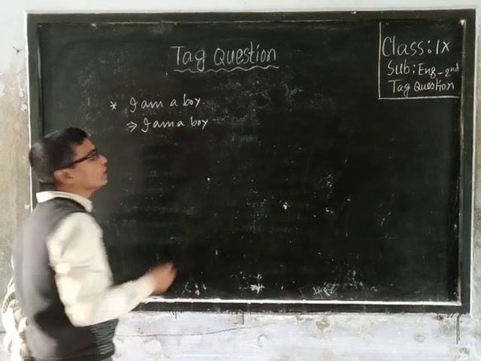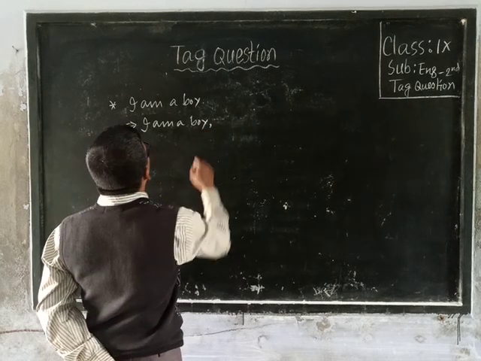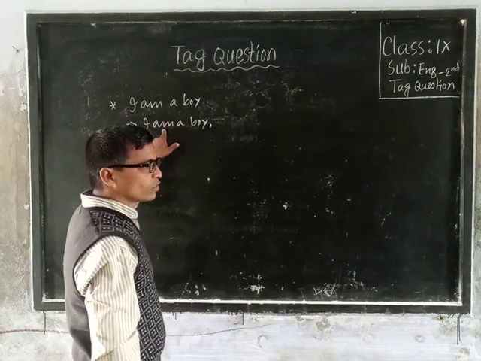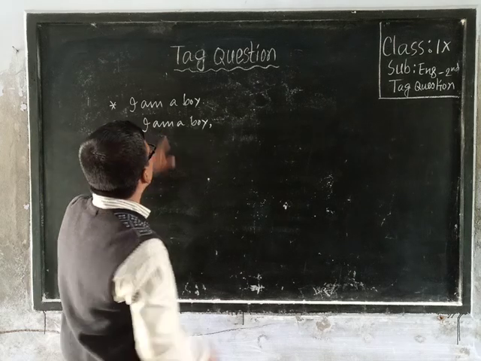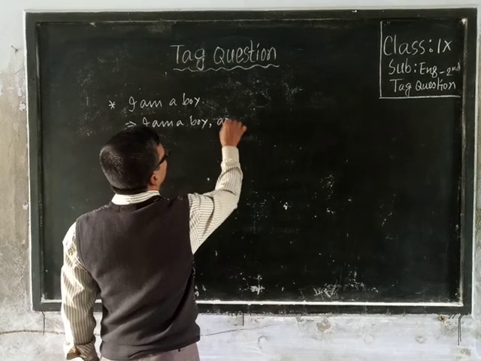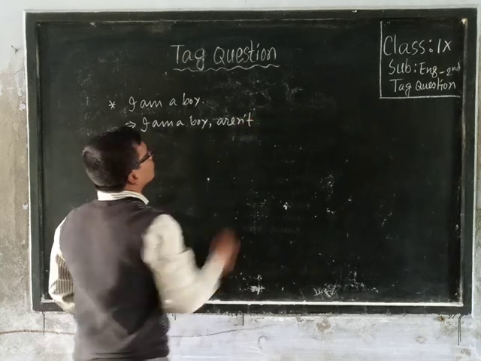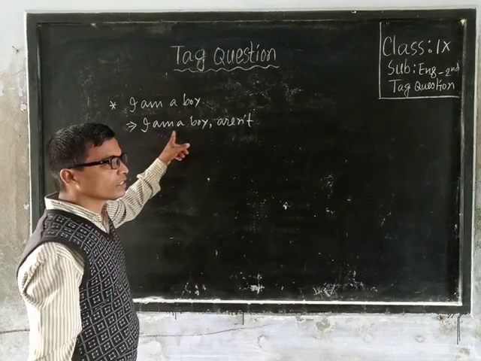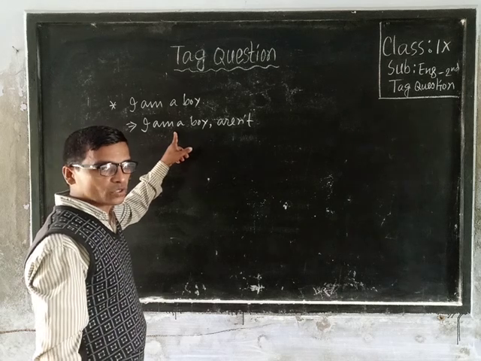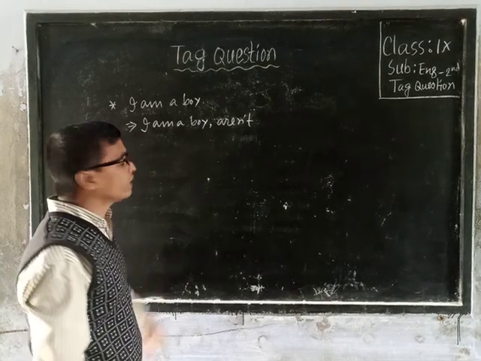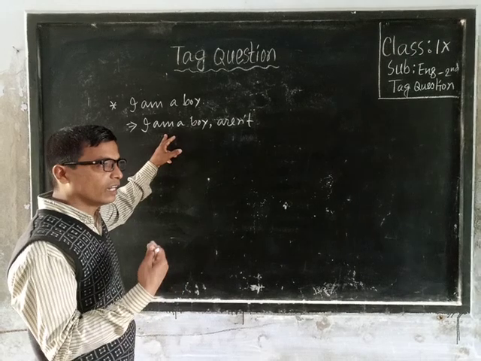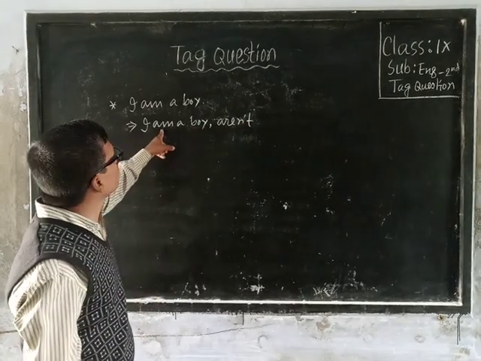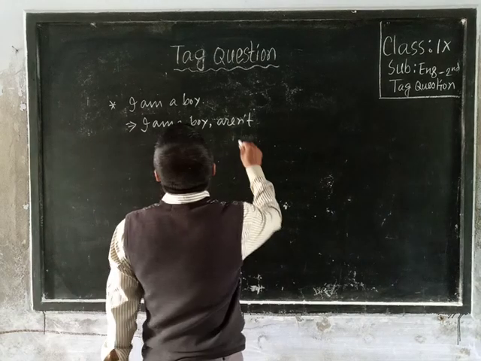After that we will put a comma, then as there is an auxiliary, we will put aren't here, because this sentence is affirmative, so the tag will be negative, and if the sentence is negative, the tag will be affirmative.